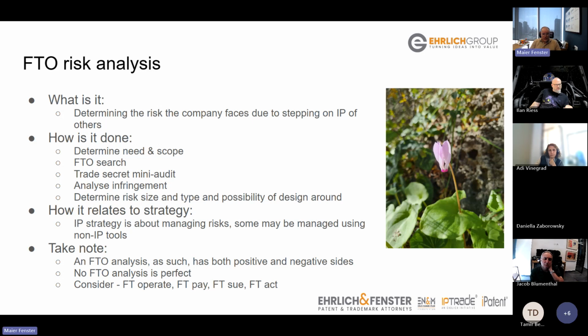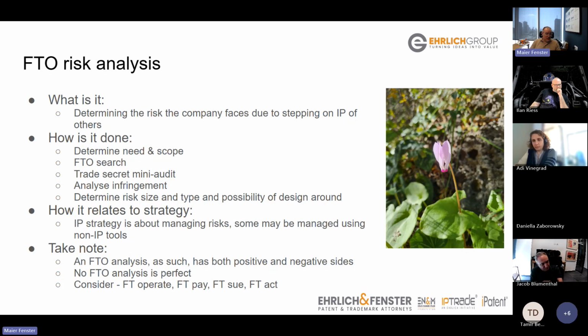How can it be done? Well, first you have to figure out what your needs are in the scope. Then you do a freedom to operate search according to the first thing. You also need to do a trade secret mini audit because maybe you're using somebody else's trade secret. That's also stepping on somebody's IP. You analyze the infringement, and then you determine the size and the type of the risk, and also what the cures could look like, for example, design around.